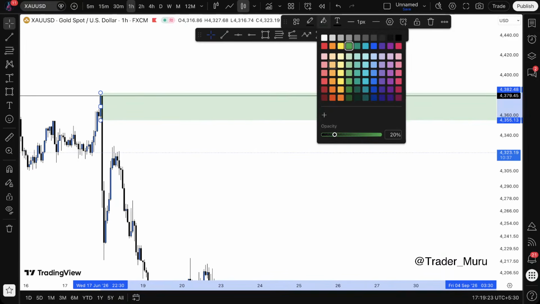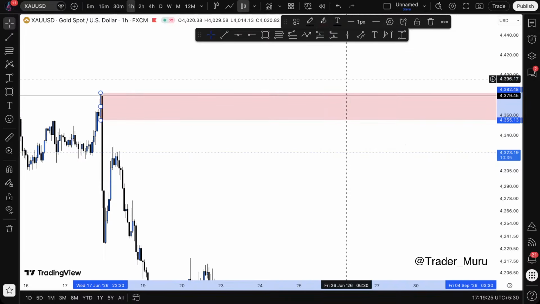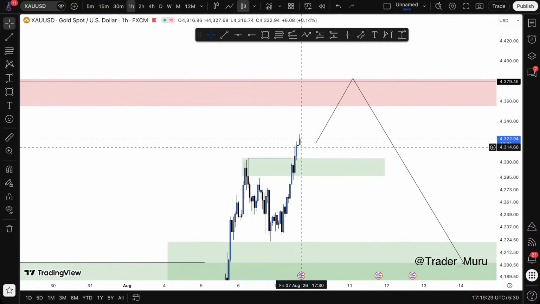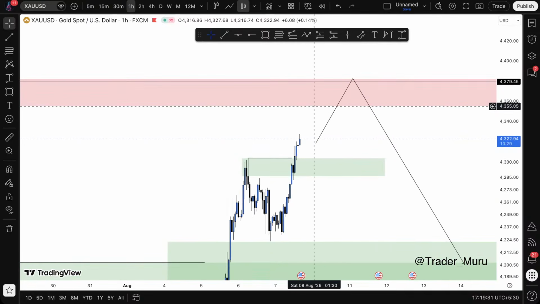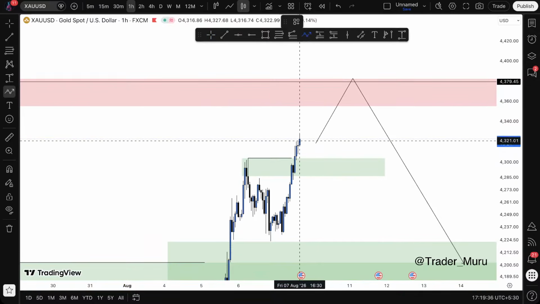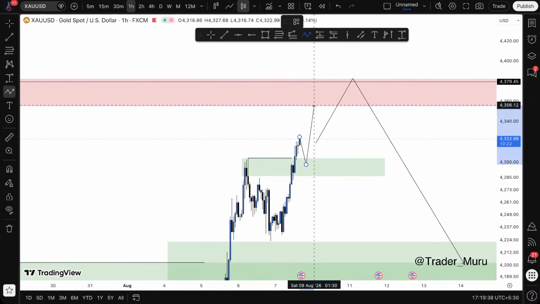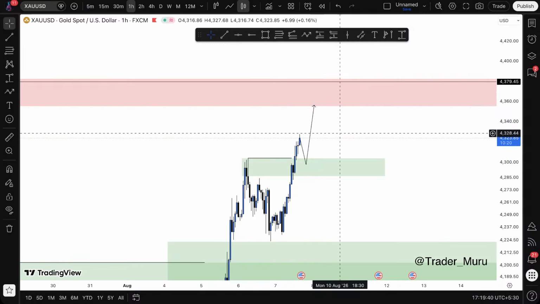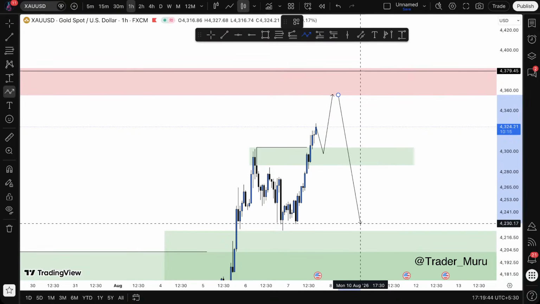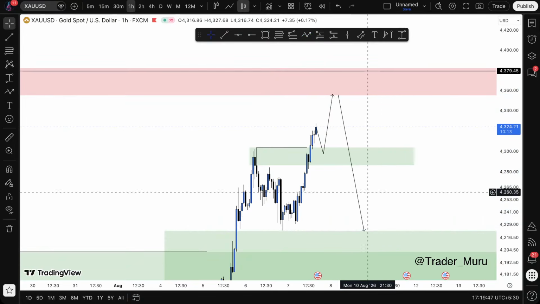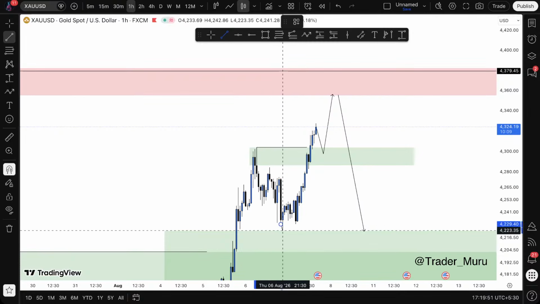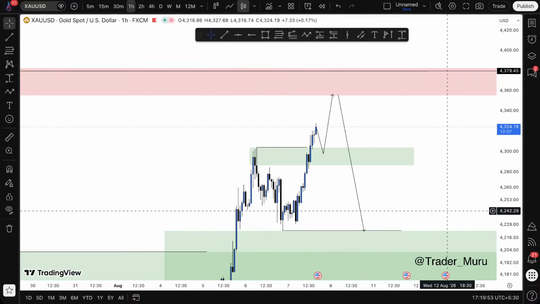So before NFP, if we get a bullish area test, we will be looking for a bounce here, and the target will be this high, 4355. Right now structure is bullish, so this is a possible move for NFP, and in NFP, rejection and sweep of this low. So this is our plan for today's NFP.